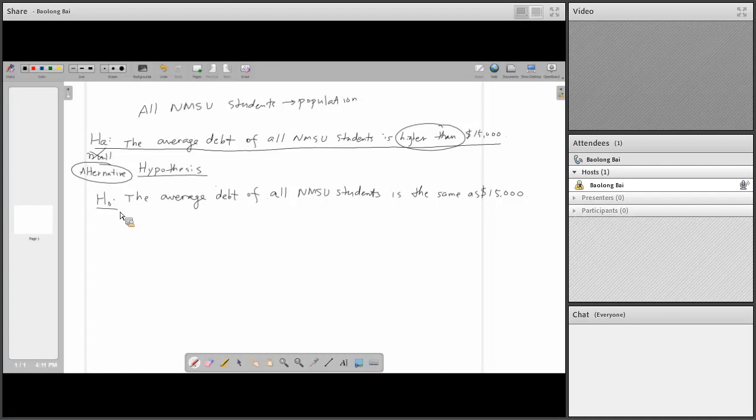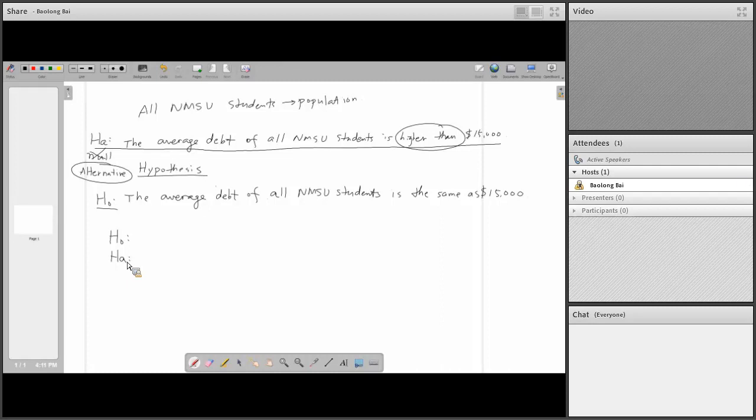So in writing, we always want to simplify the writing using symbols to note some features. So for example, if we look at our null hypothesis and alternative hypothesis, we most of the time put the null hypothesis on top, alternative hypothesis on the bottom, but it doesn't matter as long as you label them. Make sure you label the hypothesis.